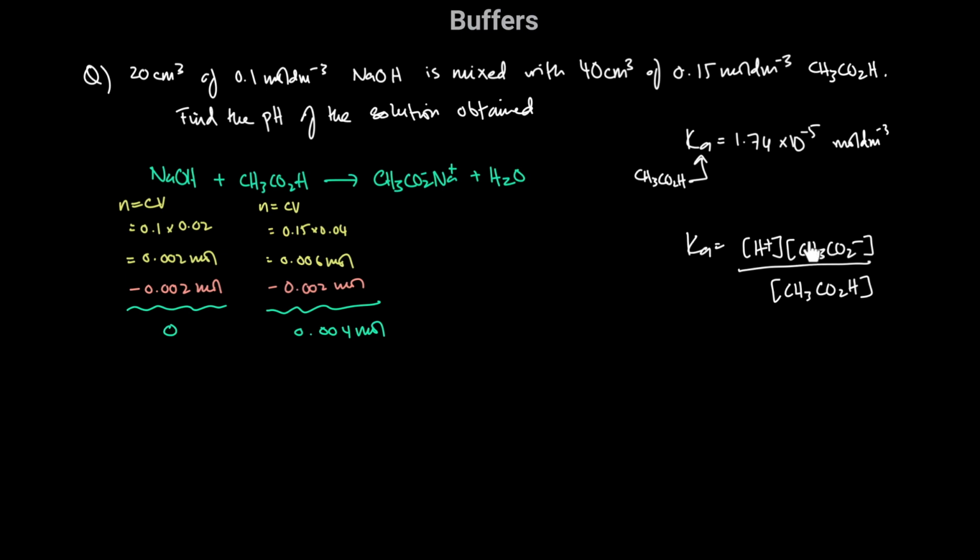Again, our goal is to figure out the concentration of ethanoic acid and the concentration of ethanoate ion. Now we know the number of moles of ethanoic acid. We also know that we're making ethanoate ions, a salt of the conjugate base. How many moles are we producing? For every mole of these two that react, 1 mole of this is produced, so after the reaction we have 0.002 moles of ethanoate ions, or sodium ethanoate, produced.